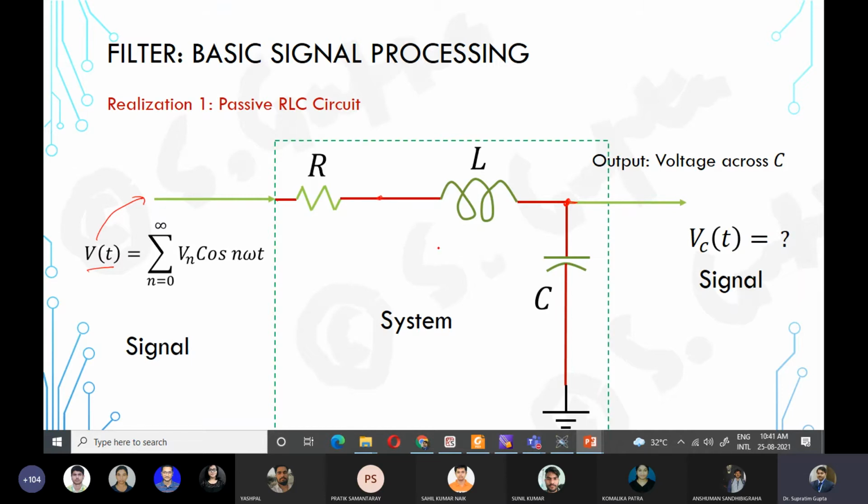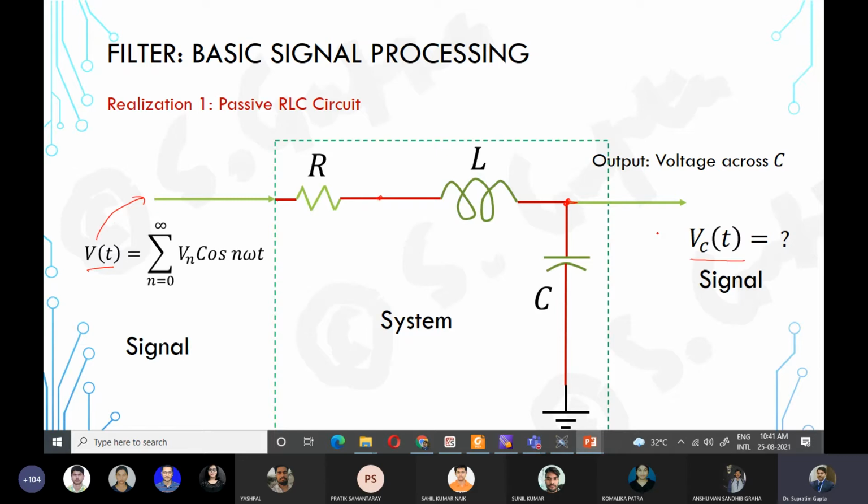For the time being, let us consider the output across this capacitor. Now my system has the supply voltage at the input of R. This is my input terminal, and I have an output terminal linked to this junction of L and C. Now what is VC(t) at this junction?